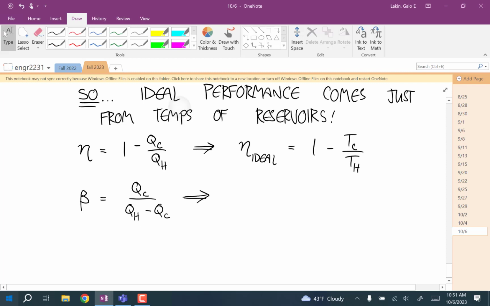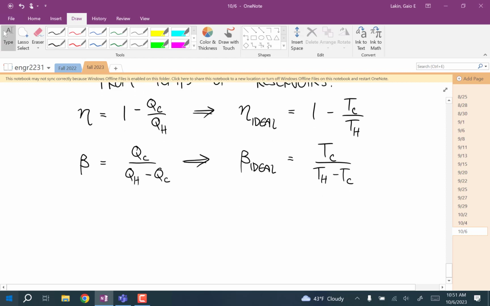And so the ideal coefficient of performance for a refrigeration cycle is the temperature at the cold reservoir divided by TH minus TC. And same thing with the heat pump cycle.